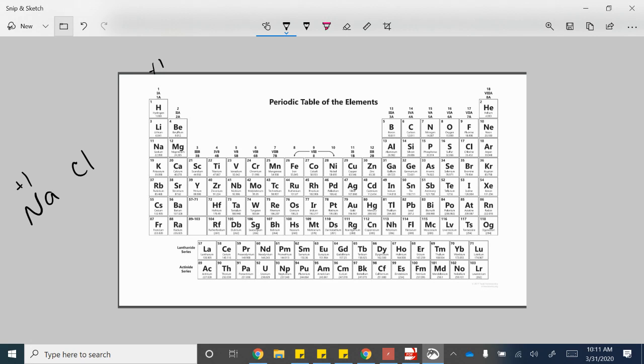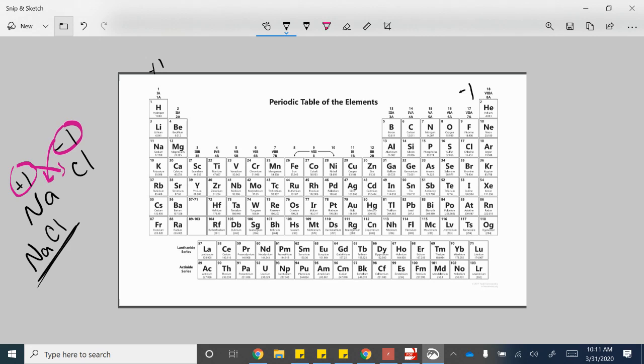Chlorine is in the column right next to the noble gases, so these guys are going to form a -1 charge. Their charges are equal to each other. So you do a crisscross thing. For every 1 sodium, I'm going to need 1 chlorine for everyone to be happy. So when we write this, I need 1 sodium, remember, the metal goes first, for every 1 chlorine. And that's it. That's your chemical formula right there.